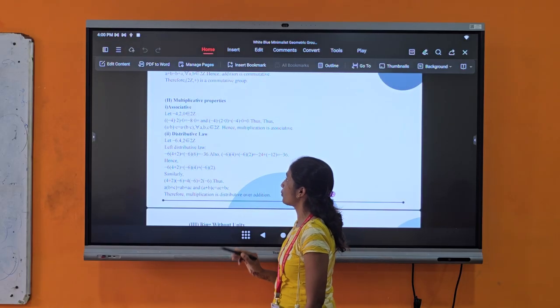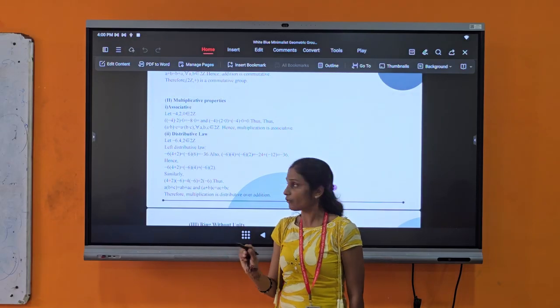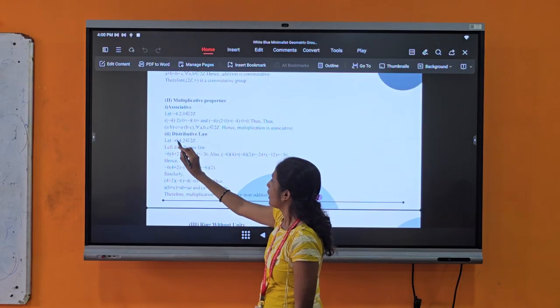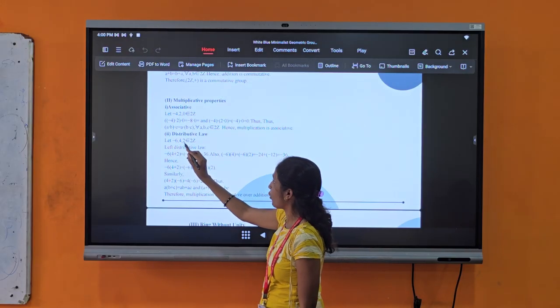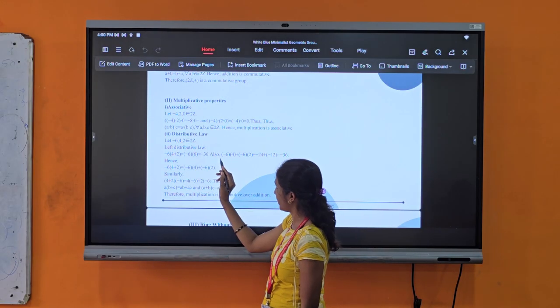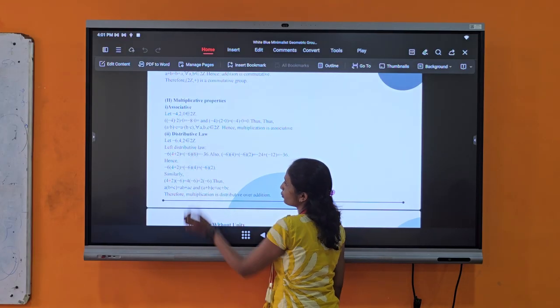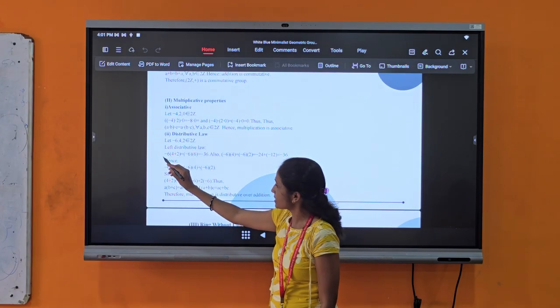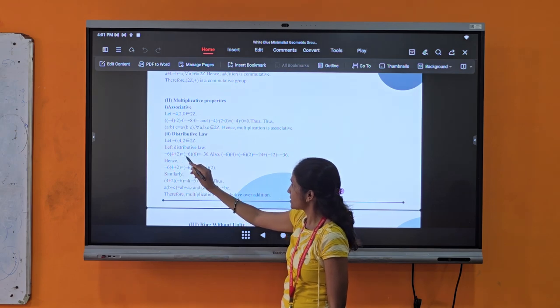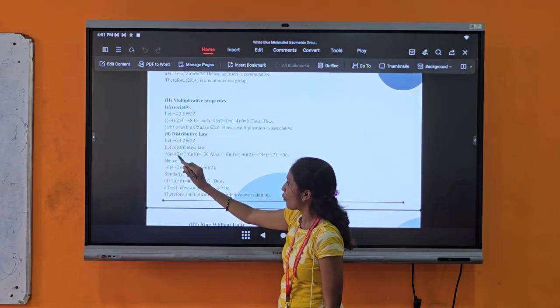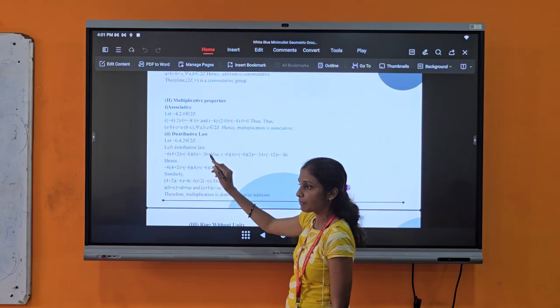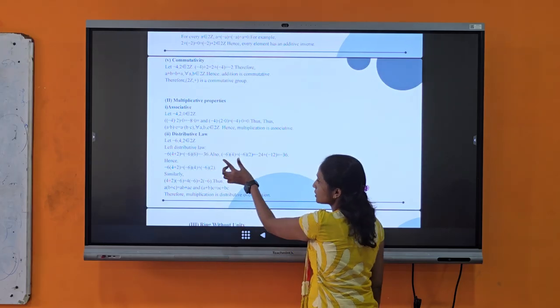Second one is the distributive law of multiplication over addition. Take minus 6, 4 and 2 from the set of even integers. According to the left distributive law, we can write minus 6 into (4 plus 2) is equal to minus 6 into 6, and we will get minus 36.